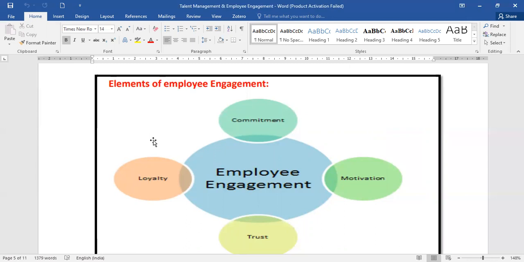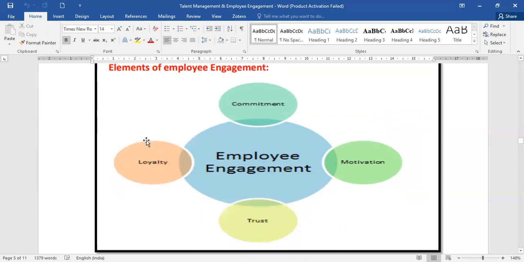Cognitive engagement, where they put their ideas and creativity into place. And emotional engagement, when they are very attached to the organization. In that sense you can understand the personality of an employee and help them be part of this engagement process.